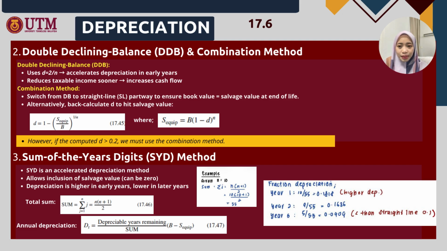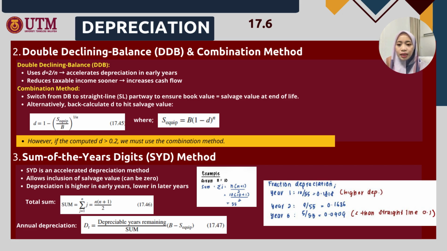This method is based on the sum of the year's digits from 1 to n, which is calculated using equation 17.46. For example, if the asset's life is 10 years, the total sum is 55. The annual depreciation is then calculated using equation 17.47, where higher fractions are used in the early years.